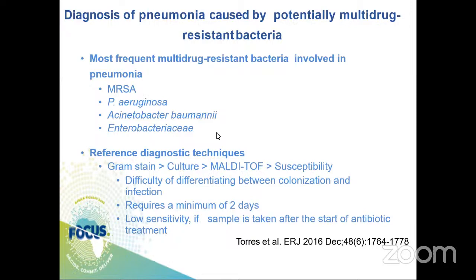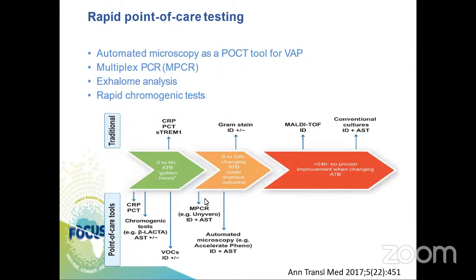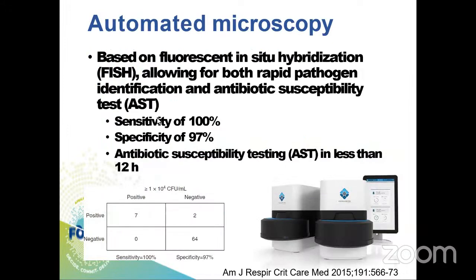So those are some of the challenges we could be looking at, and I put a diagram just to show a summary of the same. So we could be looking at a multiplex PCR or mPCR, exome analysis, which you'll see in my subsequent slide, and a rapid chromogenic test.